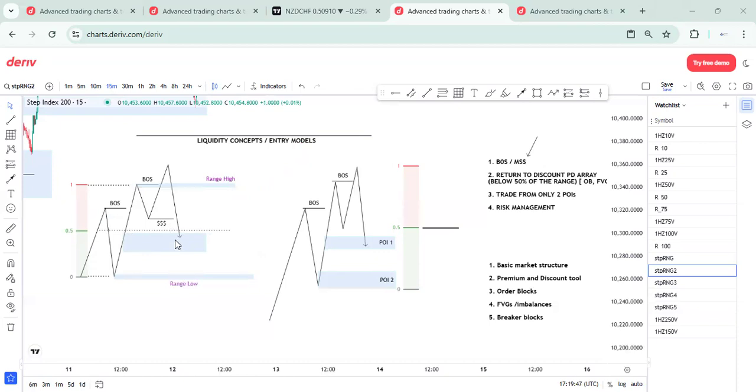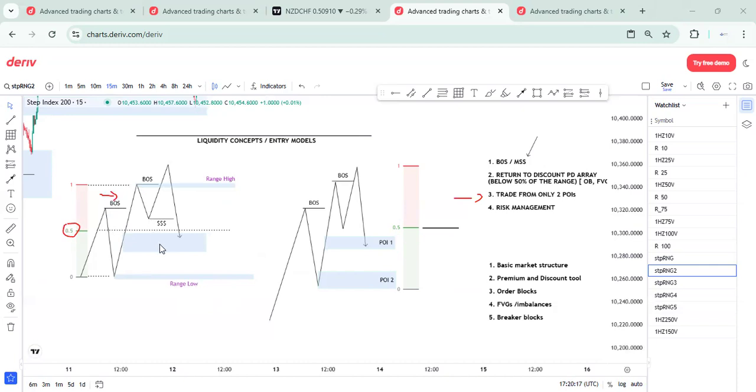Now, the second thing is you are going to need only two POIs. You are going to trade from two POIs. So below the 0.5, you are going to identify only two areas which you'll be interested in trading from, not more than two, right? So the first rule is that there must be a break of structure.